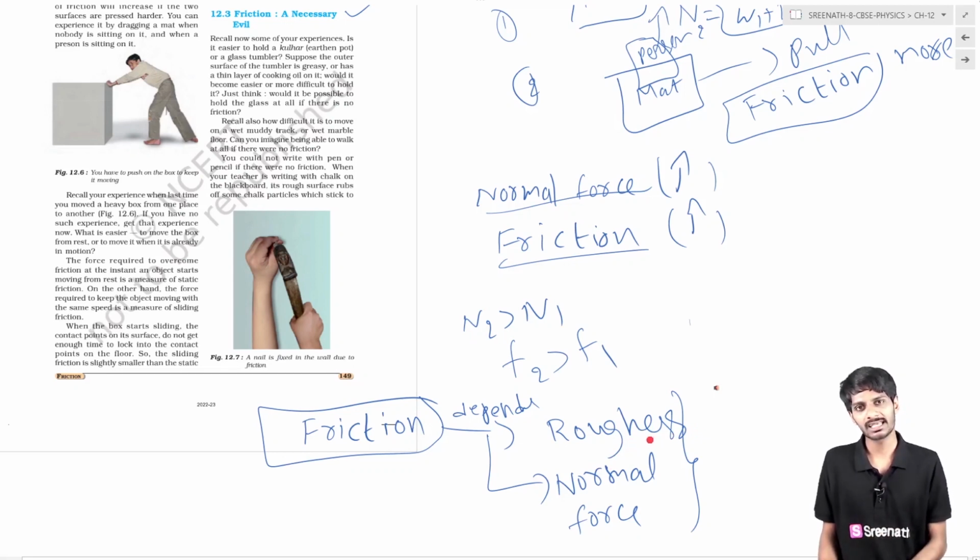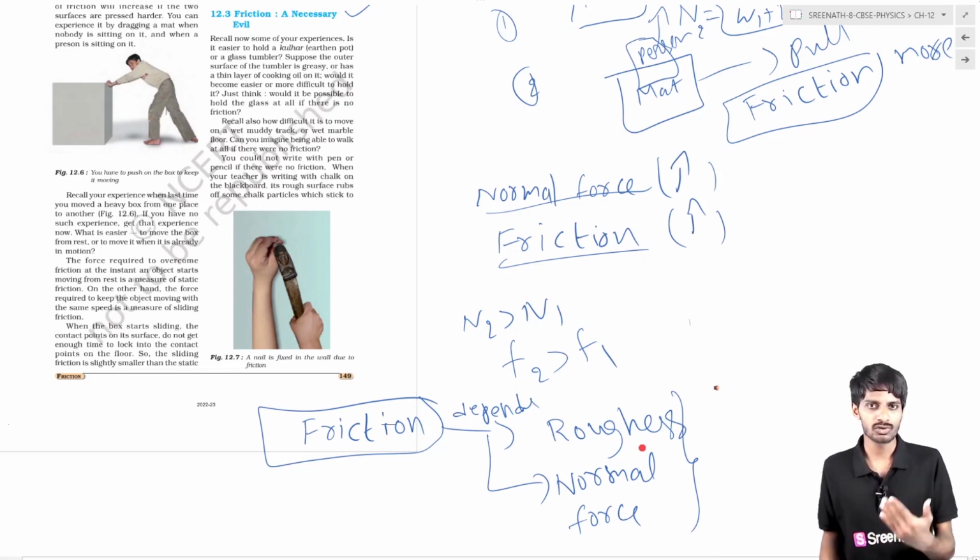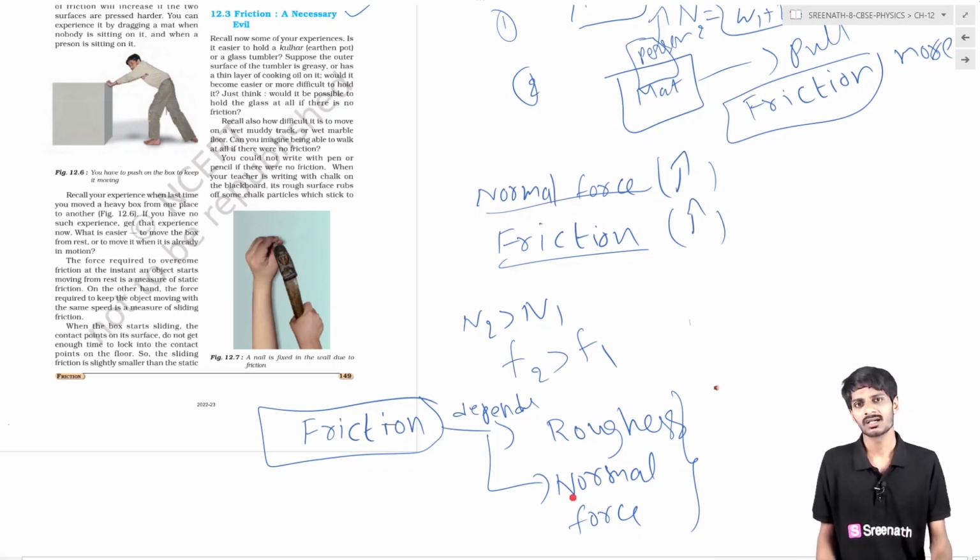When you ride a bike and apply the brake, if you don't take care, sometimes your bike will skid due to the watery surface, due to the decrease in roughness, due to the loss of friction.